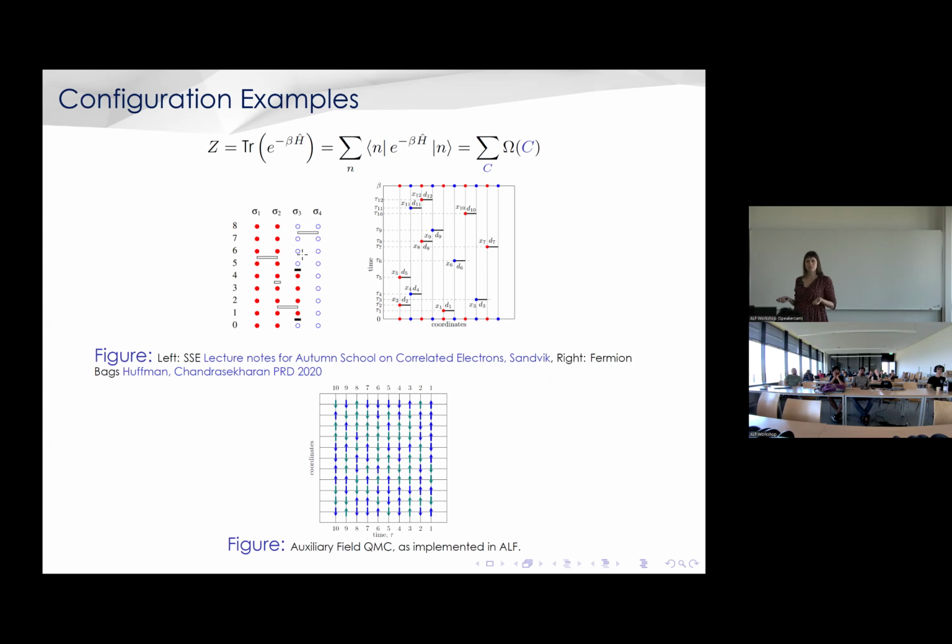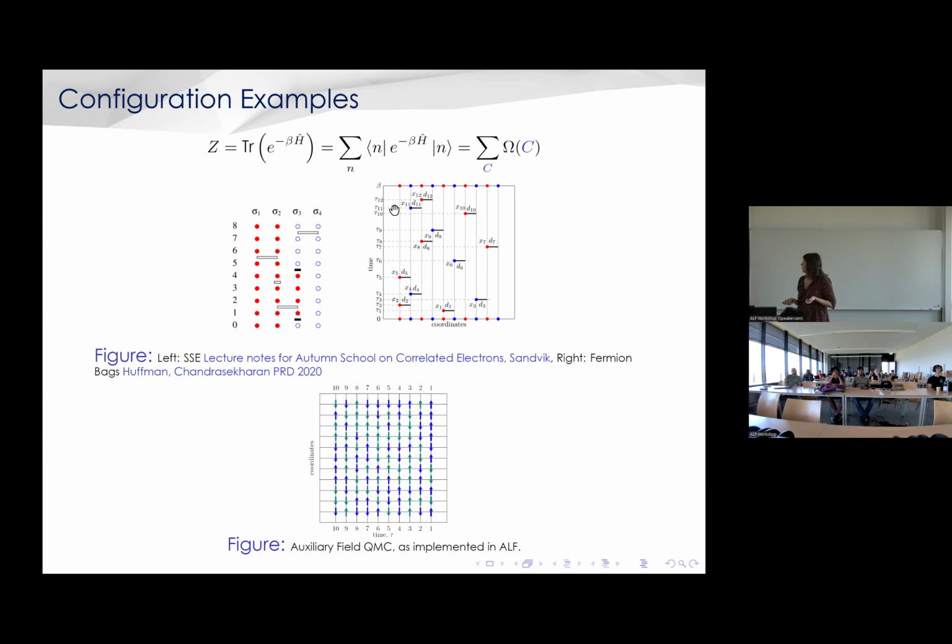These are examples of the kind of configurations you'd see in different types of quantum Monte Carlo. This one is for spin systems, called stochastic series expansion. The horizontal axis is your space, and this is your time. These pieces are parts of the Hamiltonian. If you think of the open circles as spin down and the filled circles as spin up, it's the Hamiltonian pieces that can change what the spins are.